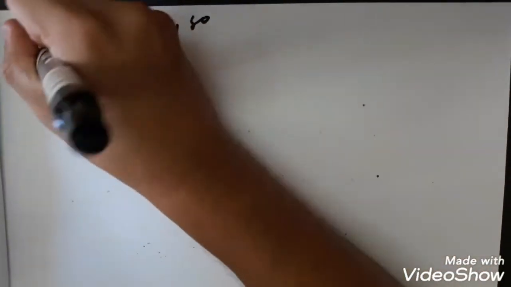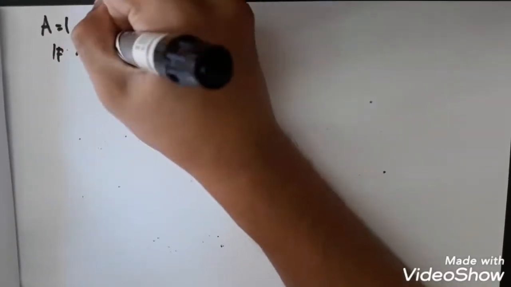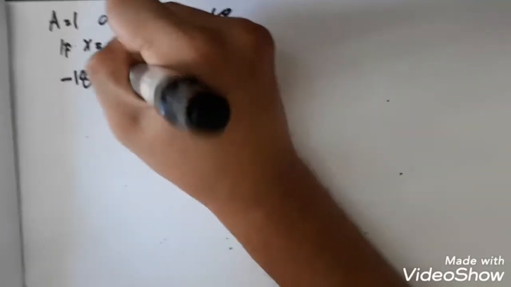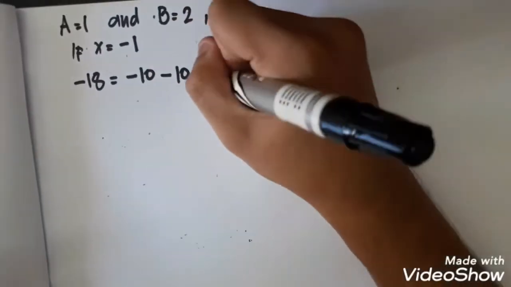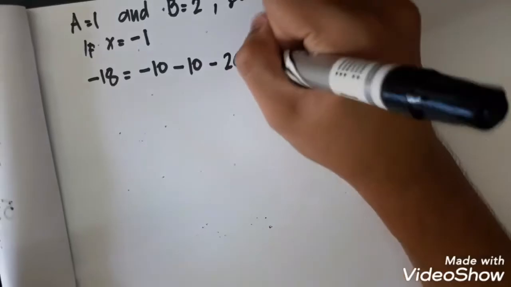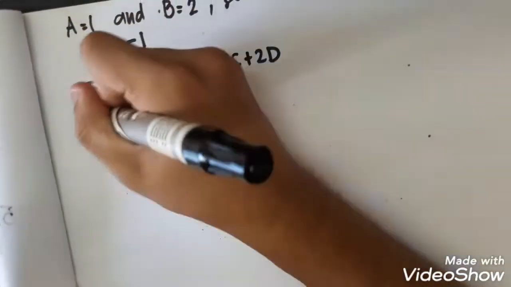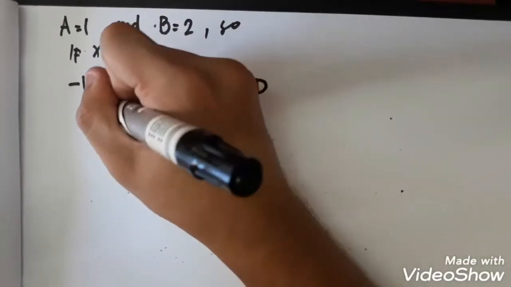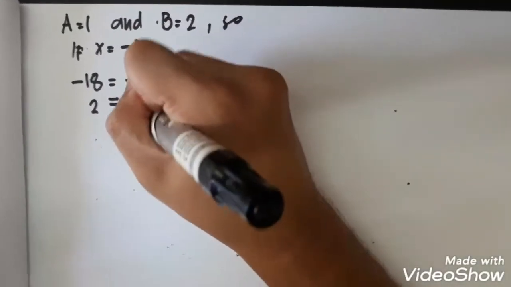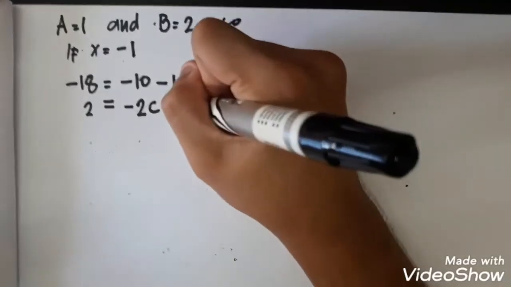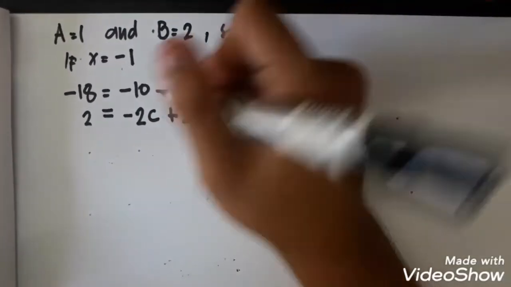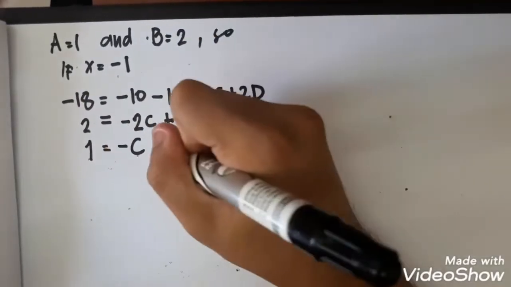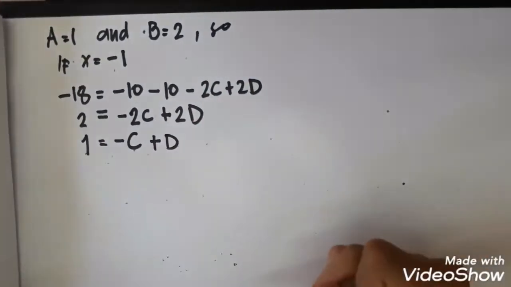So if x is equal to negative 1, then negative 18 minus negative 10 minus 10 minus 2c plus 2d. So the result is 2 equals negative 2c plus 2d. Divide everything by 2, the result is 1 equals negative c plus d.